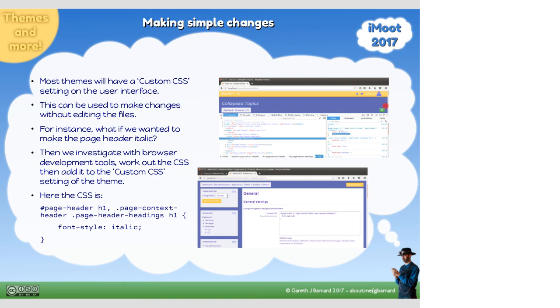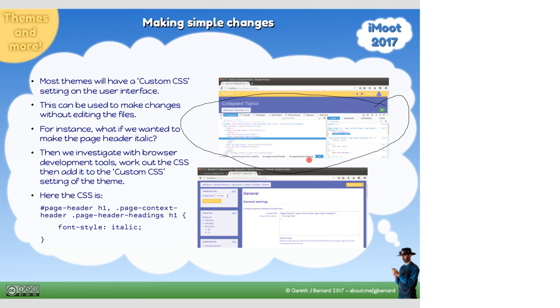There's a thing called browser developer tools, and any browser now has them. If you press F12 on your keyboard, you'll find it pop up, or you can right click and choose inspect element. You can start to pull apart the web page. With a little bit of programming knowledge and CSS knowledge, you can start making changes and try things out.